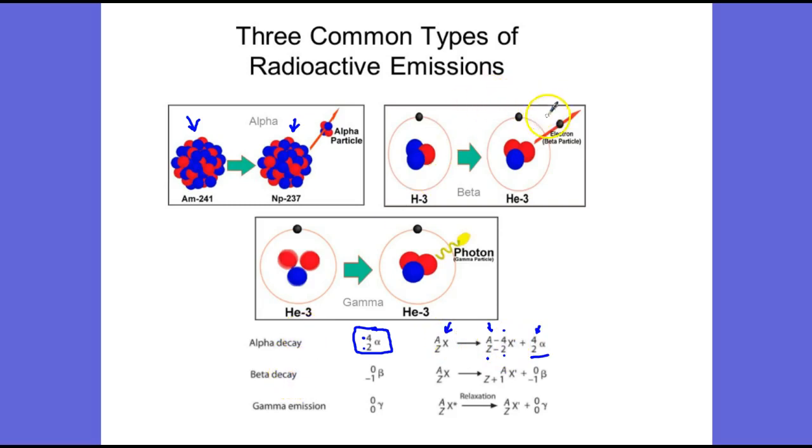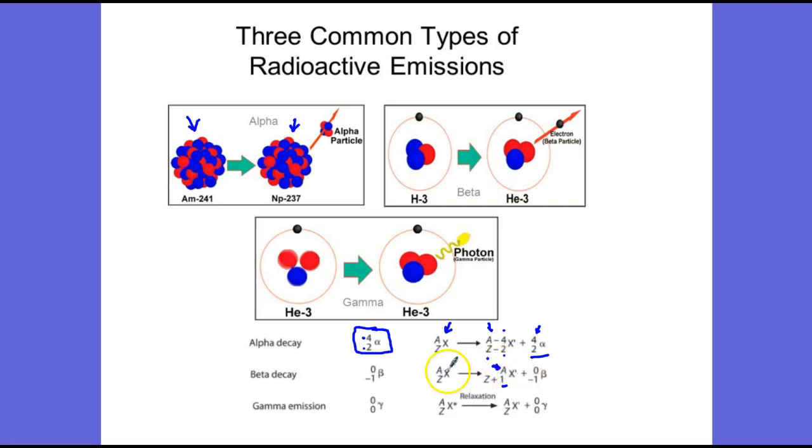Beta decay gives off a beta particle, which is just an electron. But what really happens is you have a neutron converting into a proton and an electron. And so you have the same number of particles in the nucleus, the same mass number, because a neutron converted into a proton, and so the A doesn't change, but you have an additional proton.